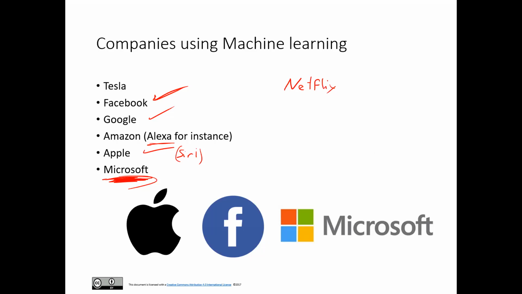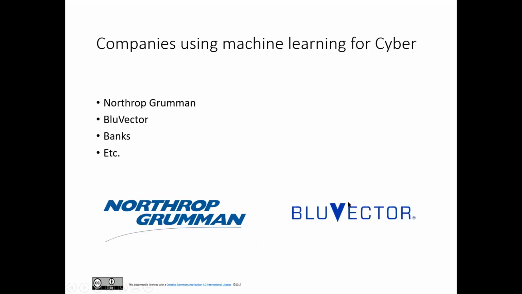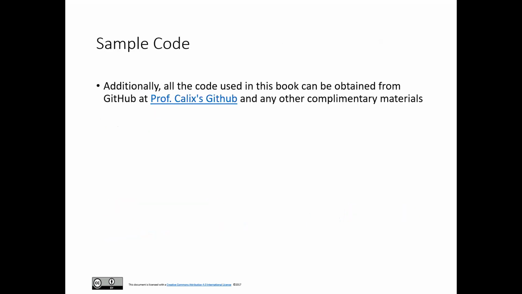And that's not just them, right? There are companies in other industries like cybersecurity, for instance. There's Northrop Grumman, and Blue Vector is a company in intrusion detection systems. Banks, because they need to provide security for their systems. Healthcare is another field that has a lot of this as well.